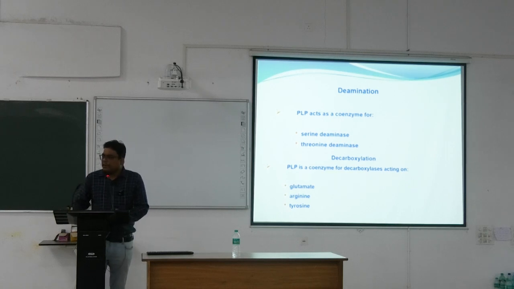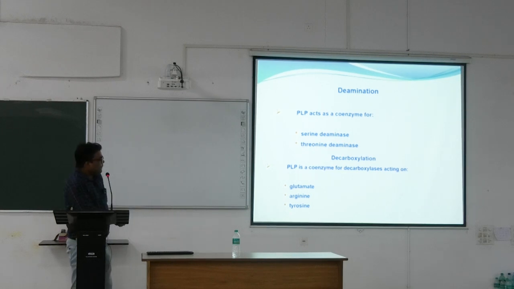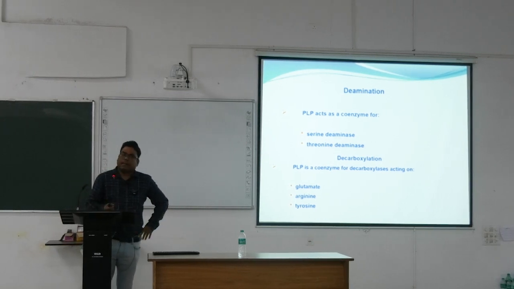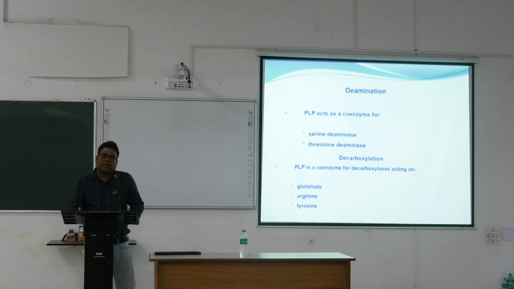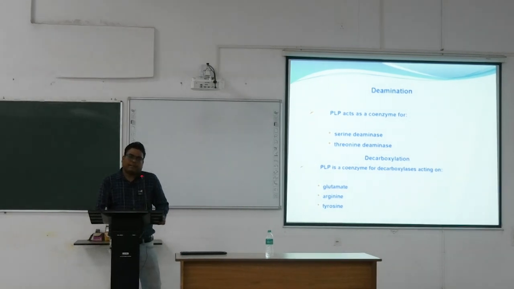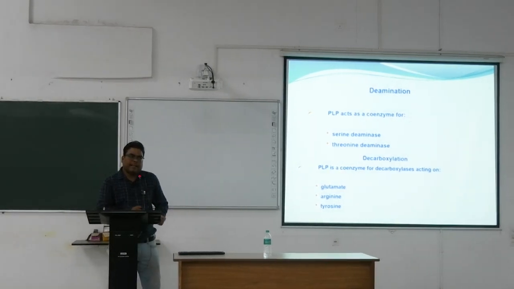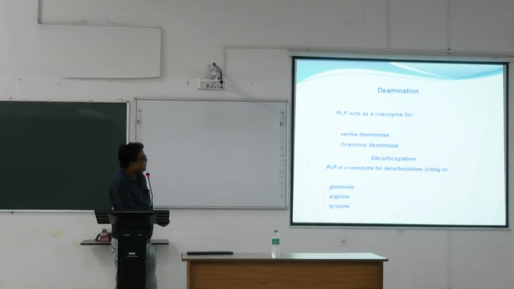And you already know the function of coenzyme: these are helpful for the activated function of these enzymes. Like PLP is the coenzyme of decarboxylase acting on glutamate, arginine and tyrosine. So all these reactions proceed by the pyridoxal phosphate enzyme. And how does this pyridoxal come? It is derived from pyridoxine, vitamin B6.